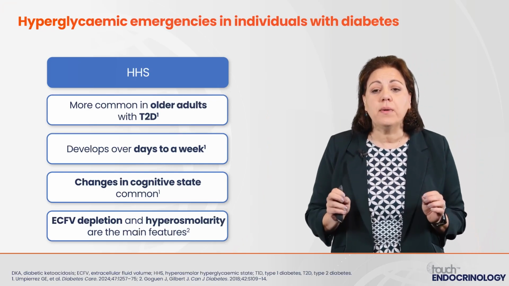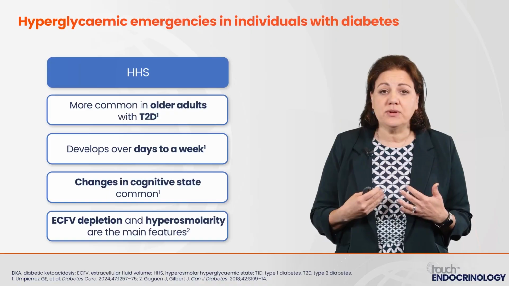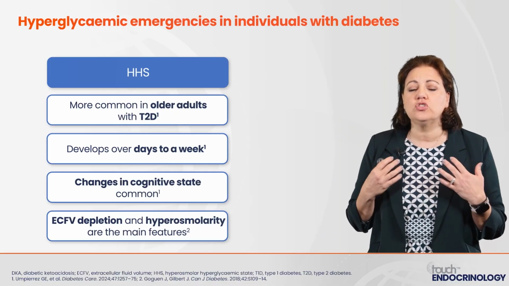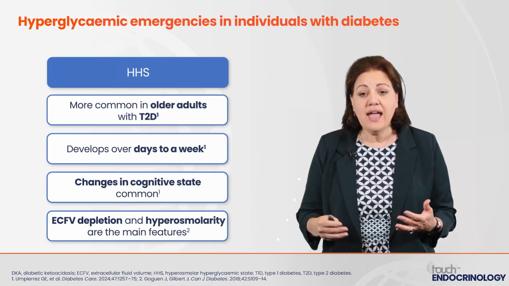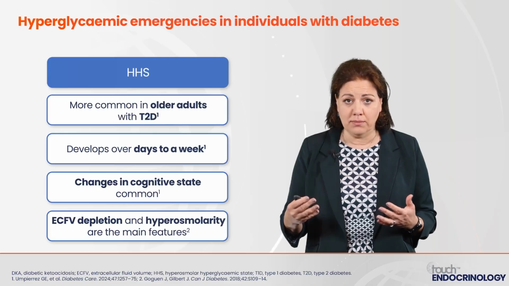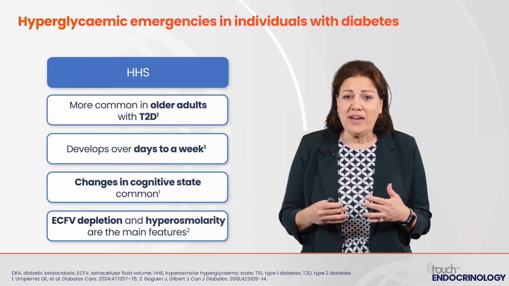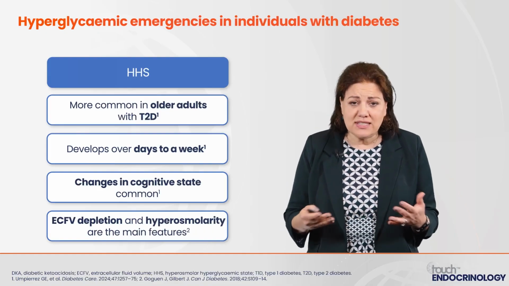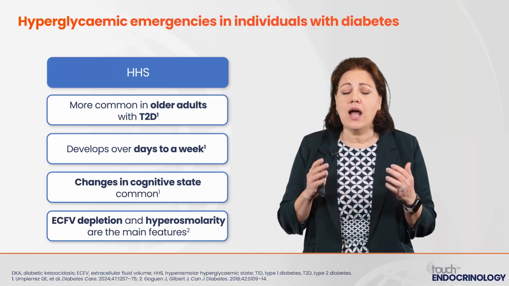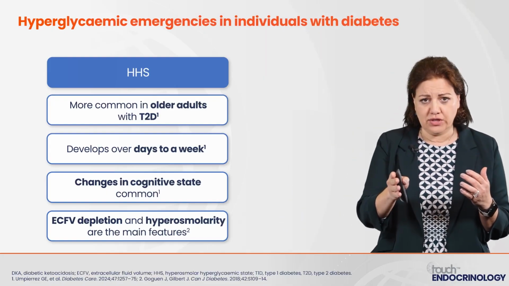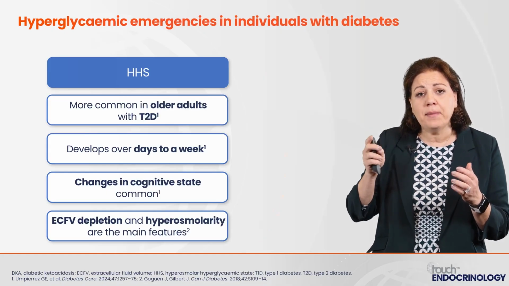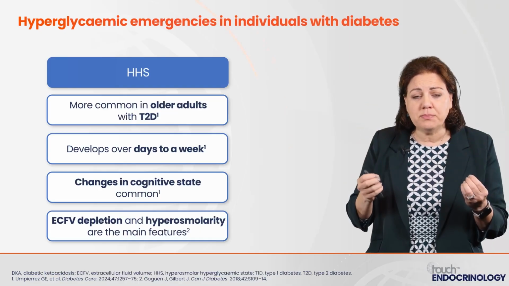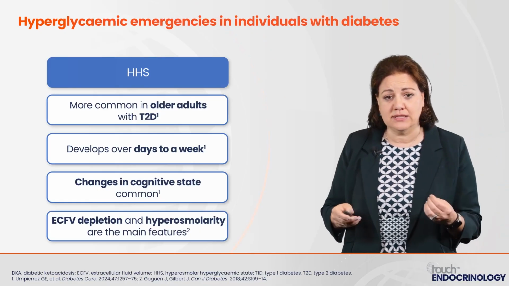Hyperosmolality is a hallmark of this condition. And in my experience, I've seen people come in with extremely high glucose levels and extremely high sodium levels. Glucose levels that are in the 1500s. It's astounding. And amazingly, as these individuals are treated, over time their mental clarity improves, but you have to be very cautious when treating this condition.